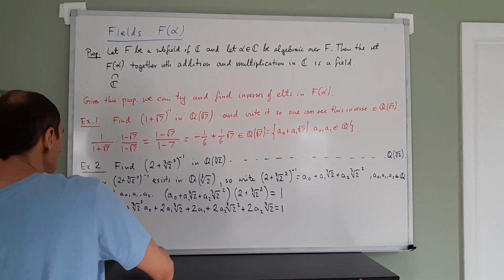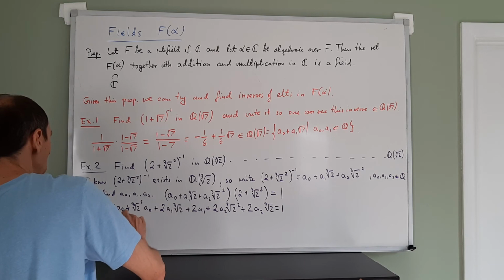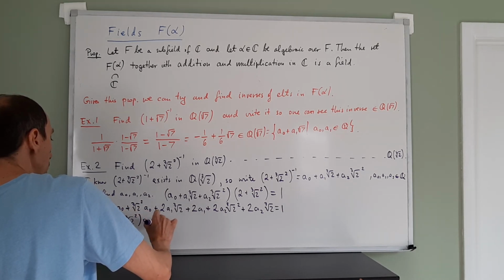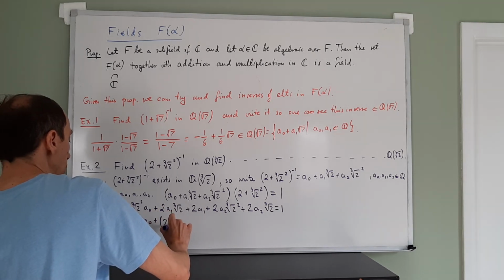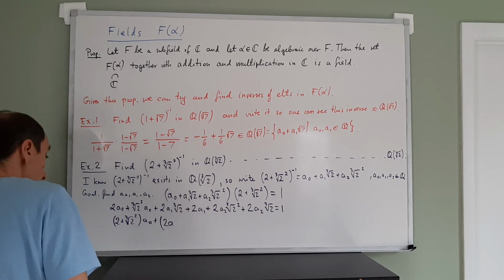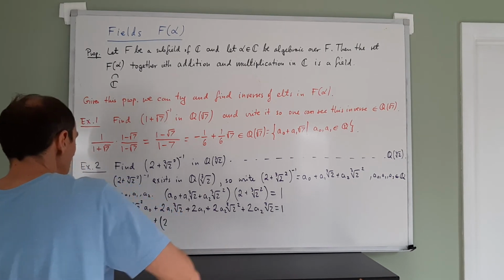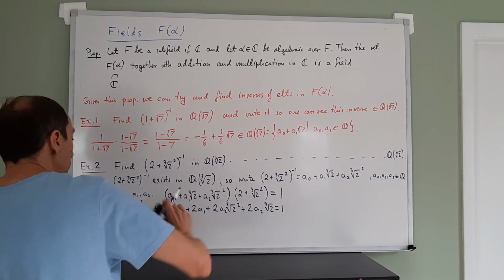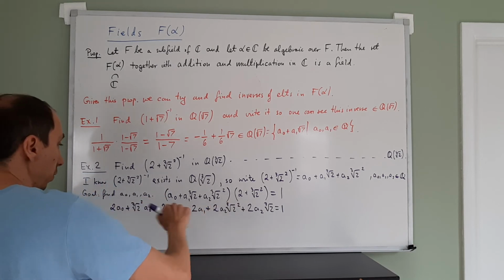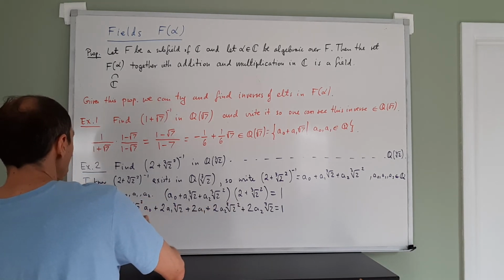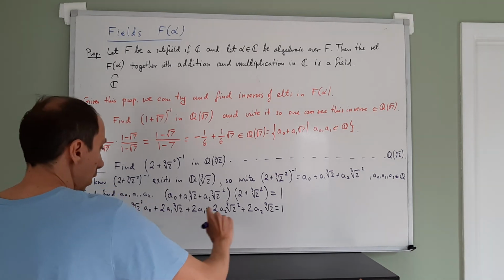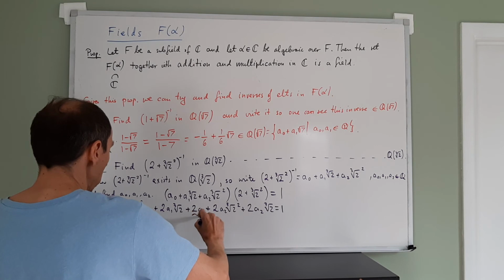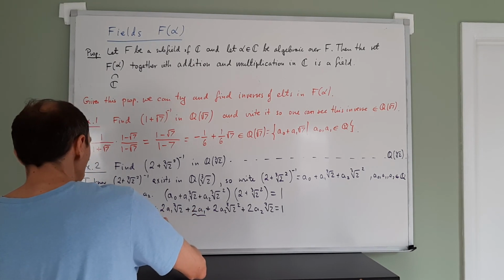Collecting like terms, I'm collecting like terms with the powers of cube root of 2. So the constants, 2a0, and where's another constant? Here, plus 2a1.